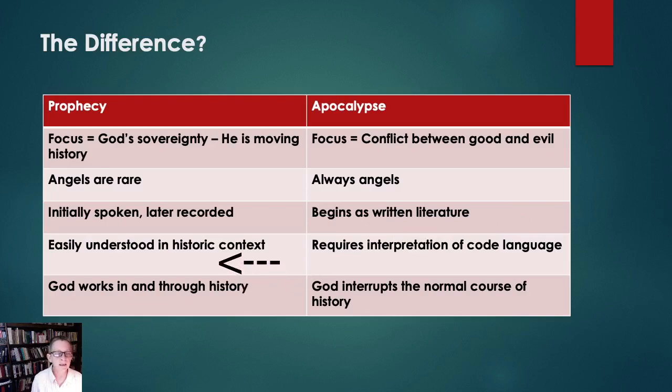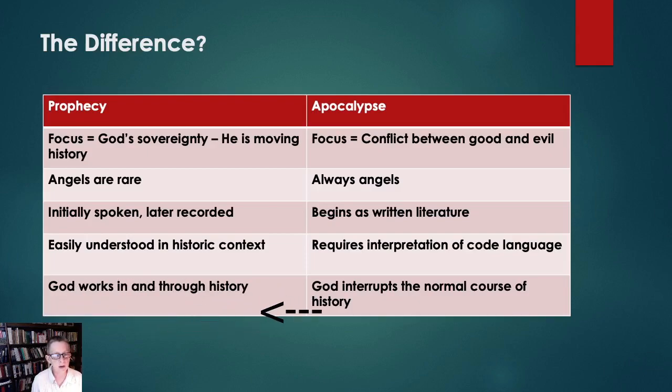Prophecy is easily understood in its historic context, while apocalypse usually requires interpretation. And there is often code language, numbers and dreams and colors and animals that need to be interpreted. In prophecy, the understanding is that God works in and through history.